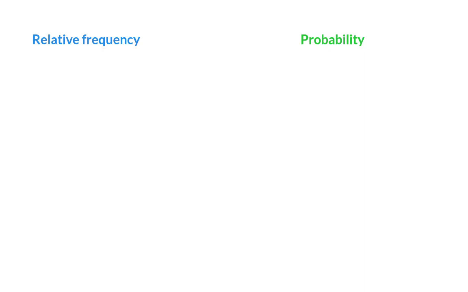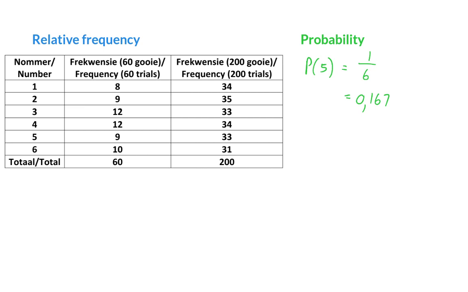Before the experiment, we can predict that the probability of it landing on a 5 is one possibility out of the total of 6 possible sides. As a decimal, this is a probability of 0,167. In this table, we now have the results after a dice has been rolled 60 and 200 times.